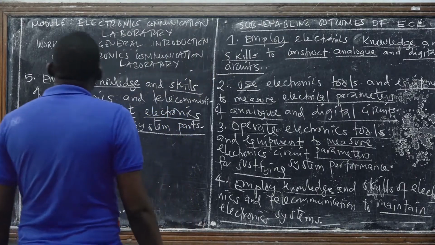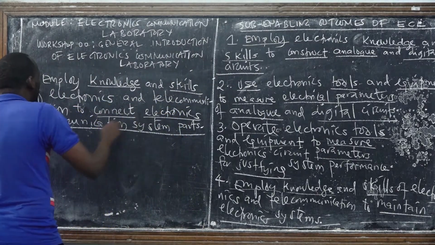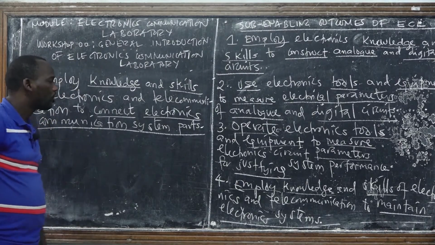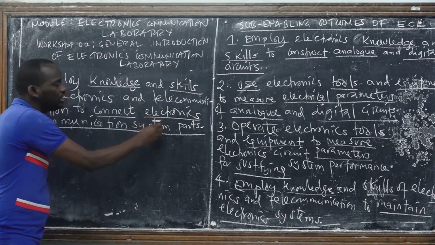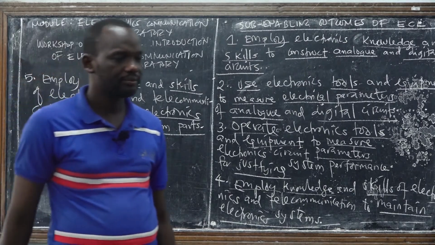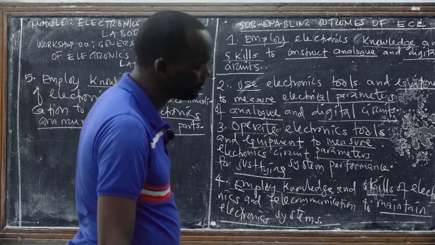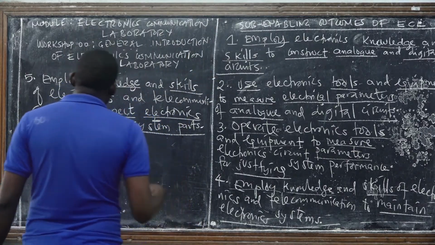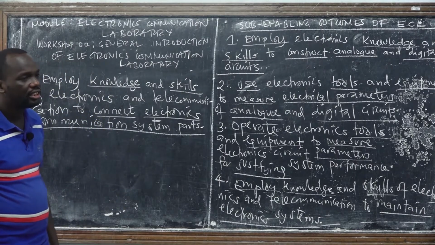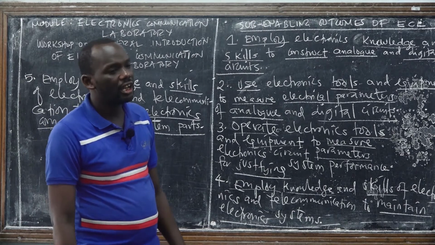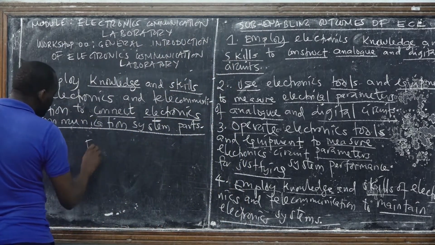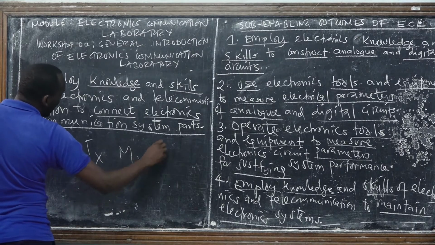You should be able to employ knowledge and skills of electronics and telecommunication to connect electronics communication system what? Say electronics communication system parts. The three main parts are transmitter, media, and receiver.